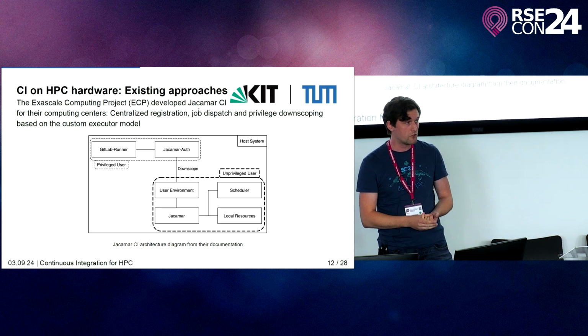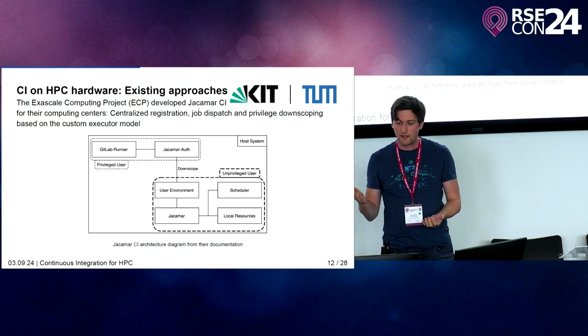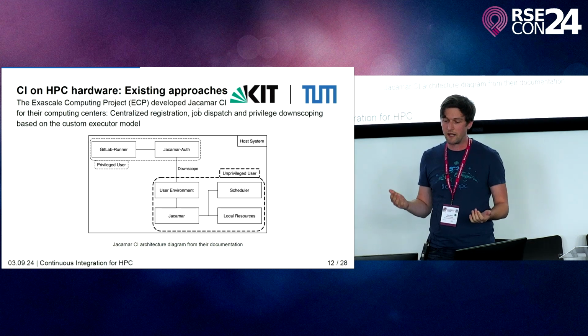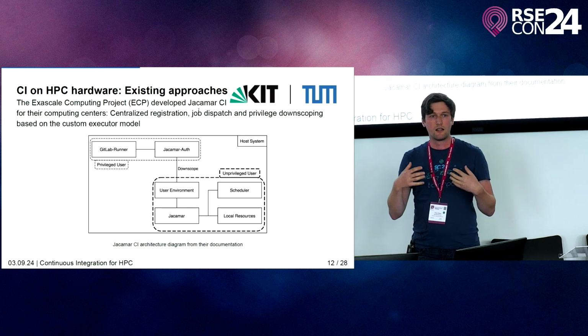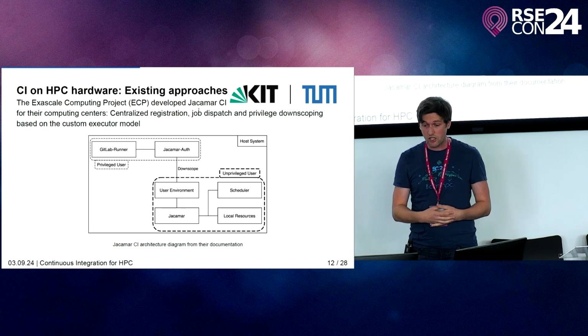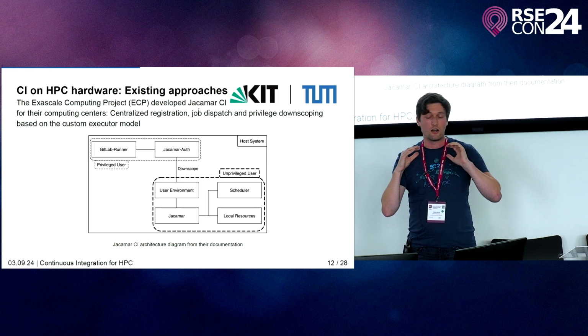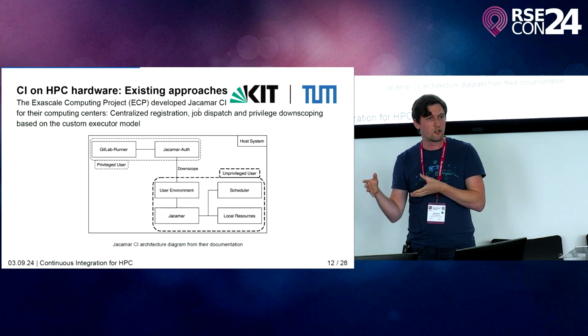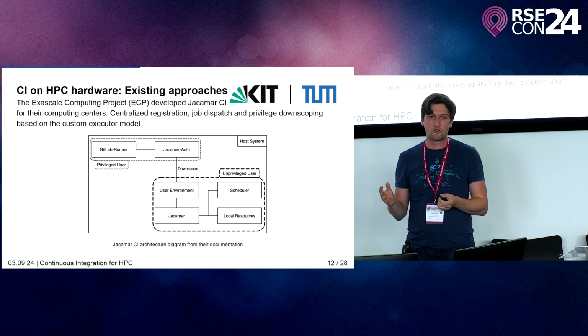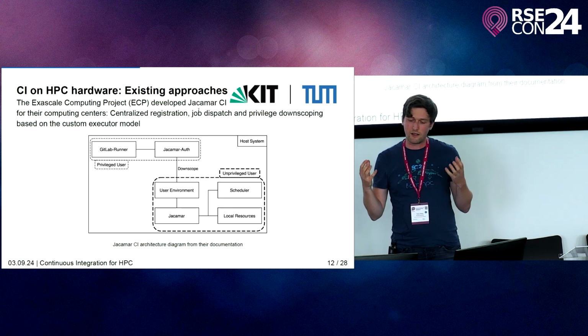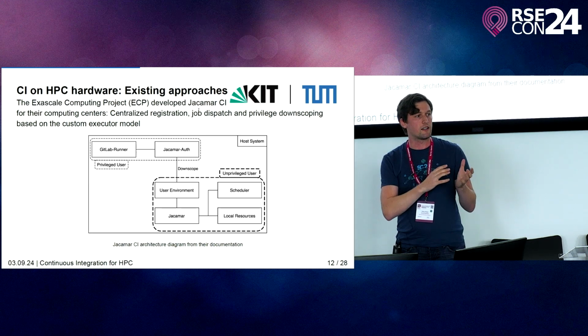In the Exascale Computing Project in the US, they developed the Jacamar CI system, which is basically, for their large-scale software projects, a GitLab runner that runs on some system inside the compute cluster and is able to dispatch jobs to Slurm or similar. But everything is happening in a centralized fashion.